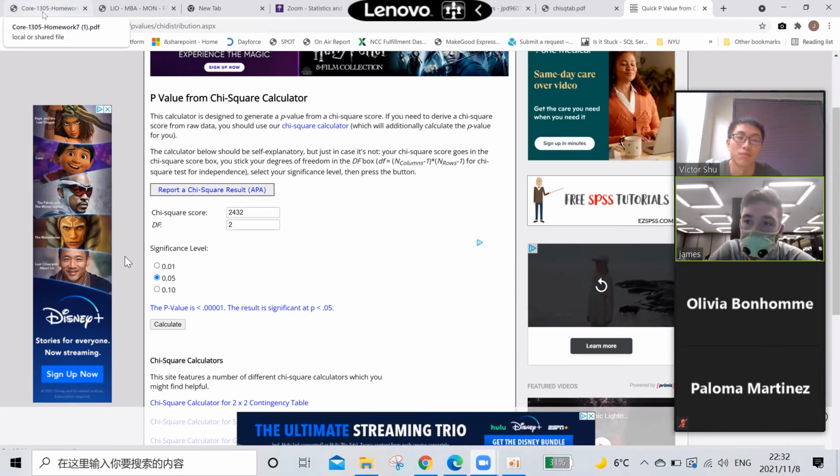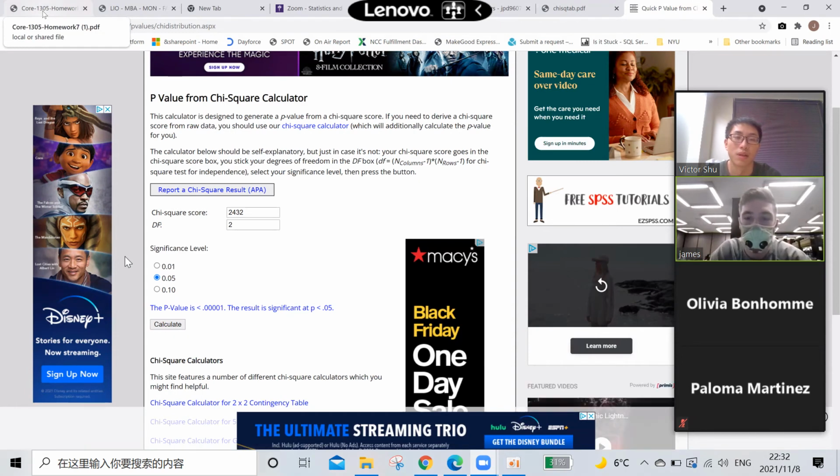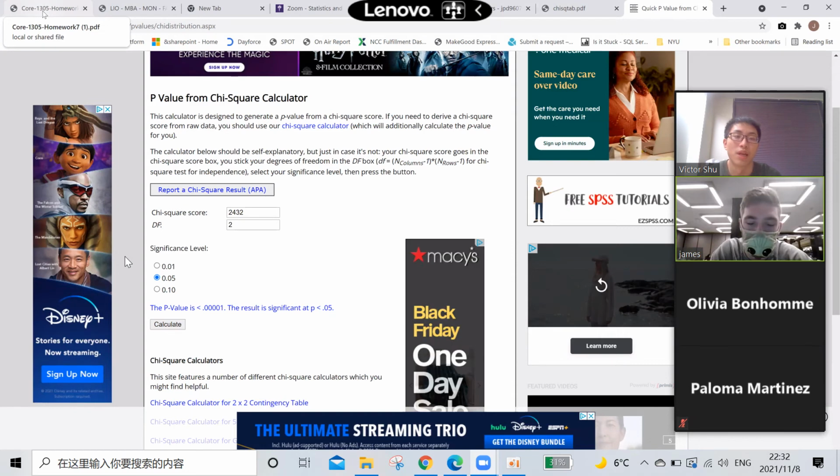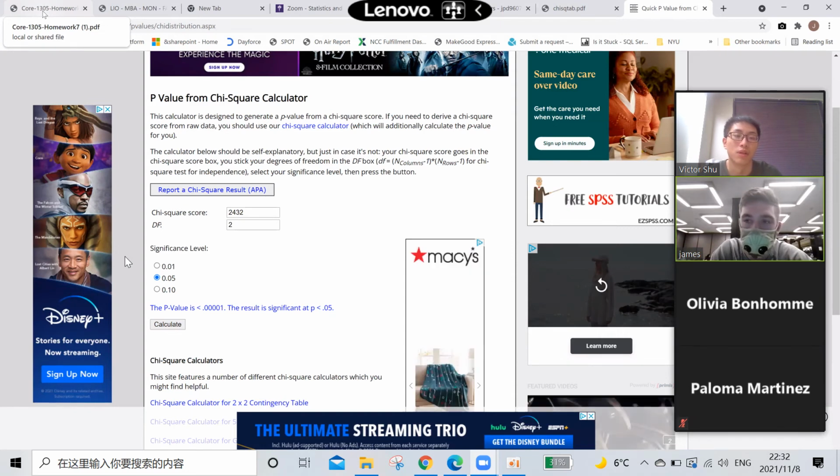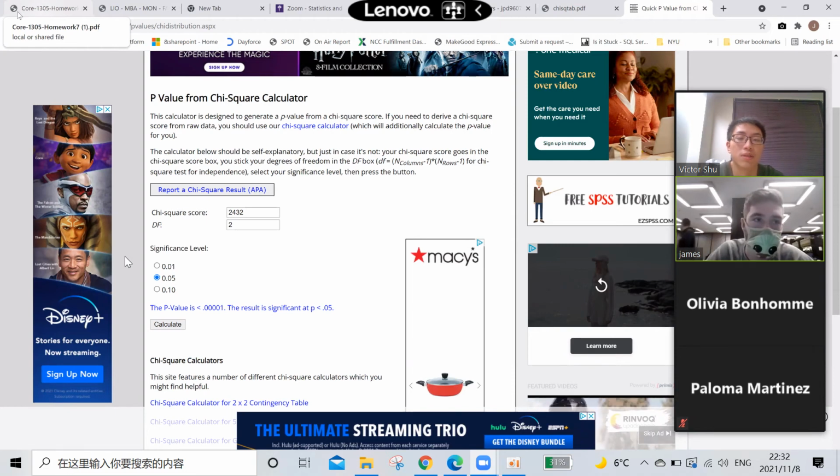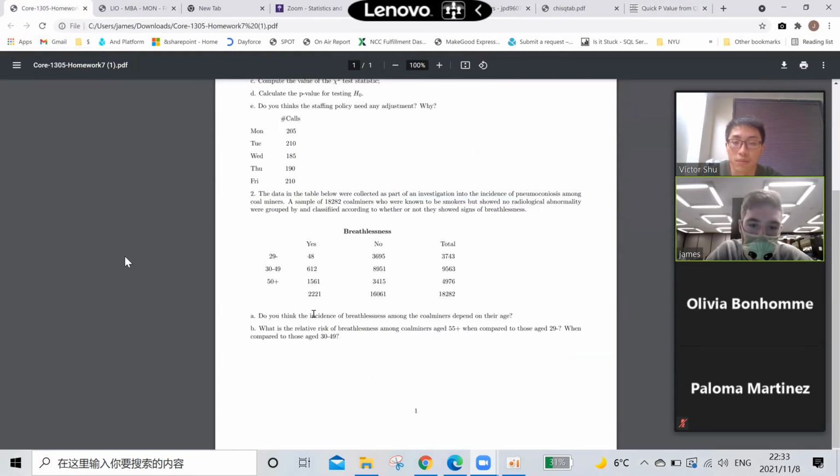And it makes sense, right? If I am younger, I am much less likely to have breathlessness problems than those people who are older, especially those who are over 50 years old. And of course, the independence doesn't hold in this circumstance. So we're rejecting the null hypothesis.